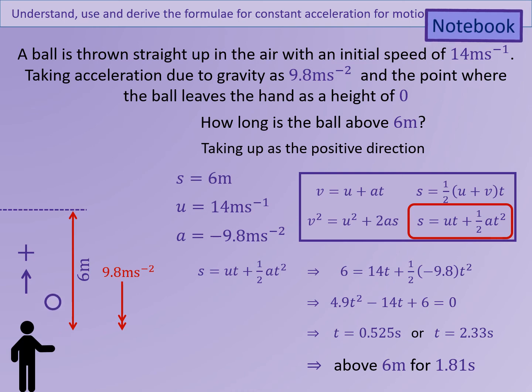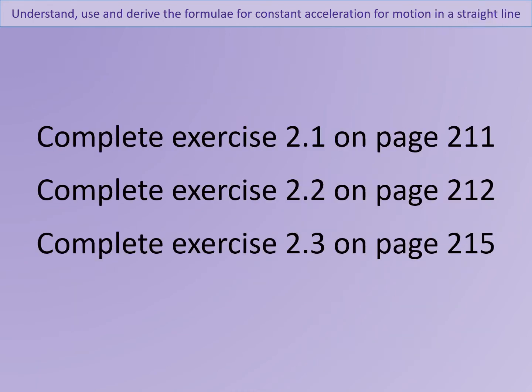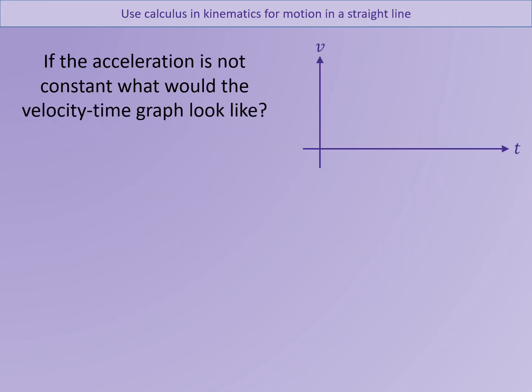Subtracting these two, 2.33 minus 0.525, tells us that the ball is above 6 meters for 1.81 seconds. Now have a go at these 3 exercises using the Suvat equations from the formula book.